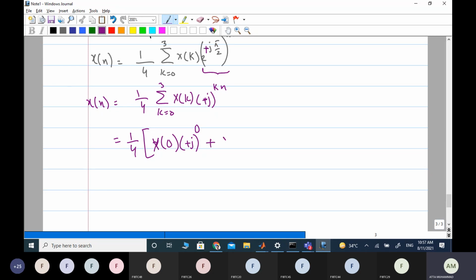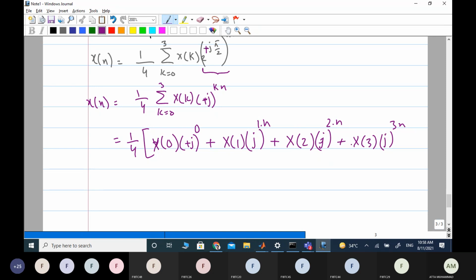Next we have X of 1, because now k is 1, and we have j whole power n, plus X of 2, again j to the 2n, because our k is 2 now, plus X of 3, j power 3n, right? Okay, so this is our x of n.